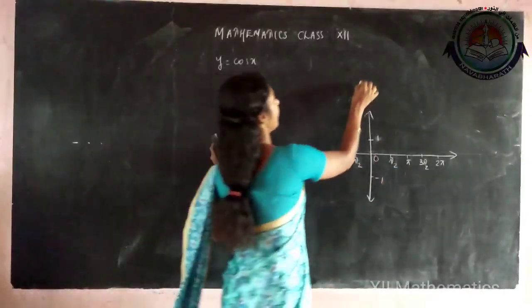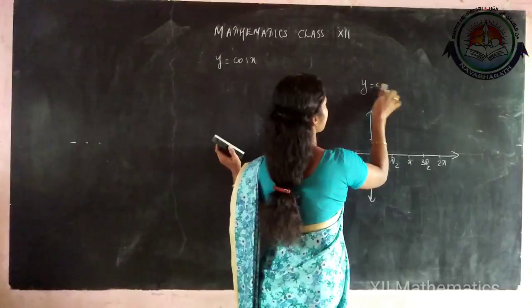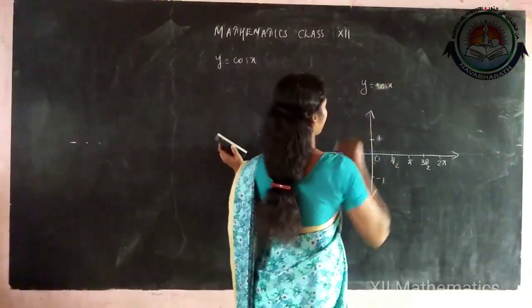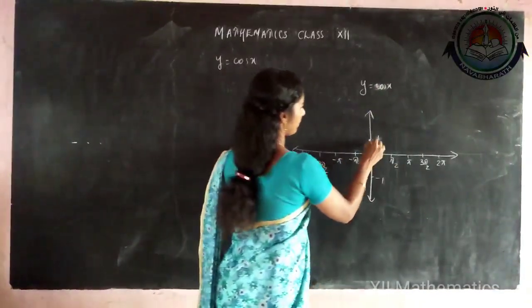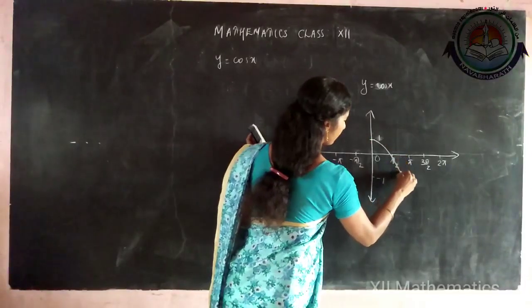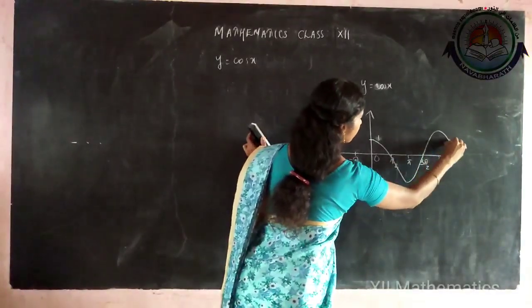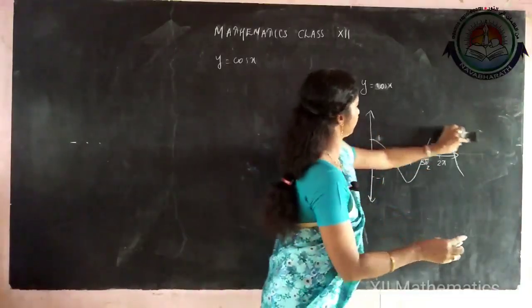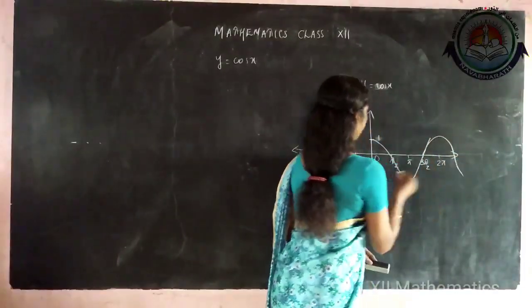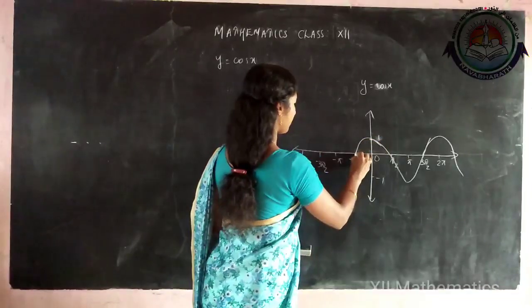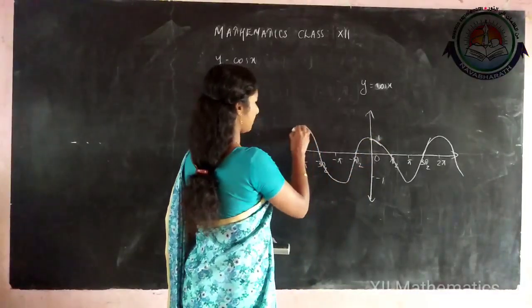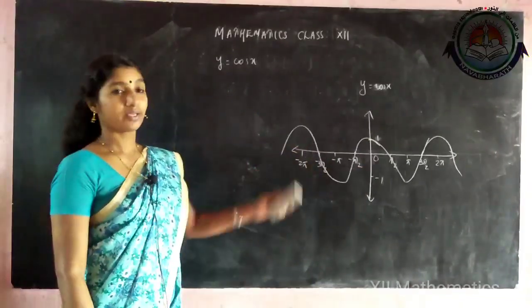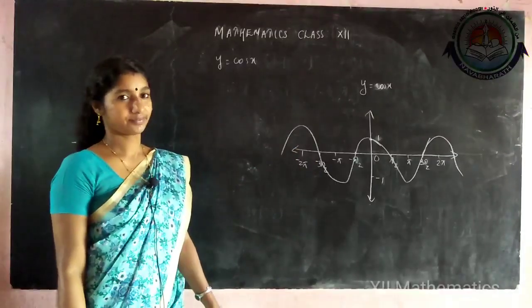This is the y equal to cos x graph we are going to draw. Cos 0 is 1, at pi by 2 it is 0, at pi it is minus 1, like this it is going. And to here, 1, and to here pi by 2, 0, minus 1, 3 pi by 2, 0, like this it is going. This is the y equal to cos x graph.